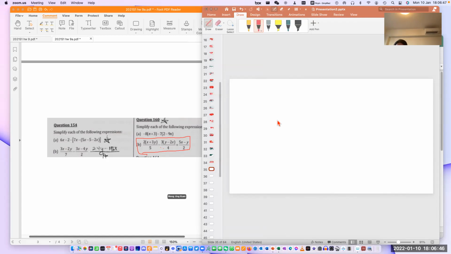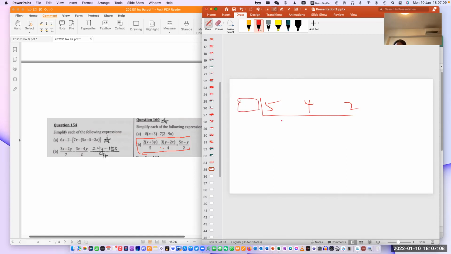Okay, looks good. So you should use LCM. So you have 5, 4, 2. So how do you get the same denominator? You use LCM. So it looks like there's nothing common here. You cannot put something here such that it is divisible by all 3 of them.